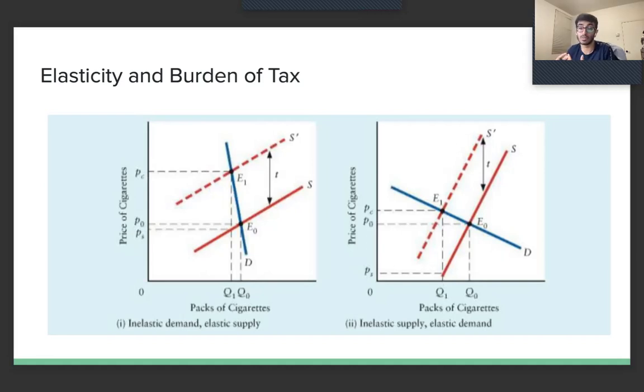So we can shift more of the tax burden to the suppliers. Our aim is to keep the new quantity after the tax close to the efficient allocation. And we'll see what efficient allocation means when we talk about chapter 12.